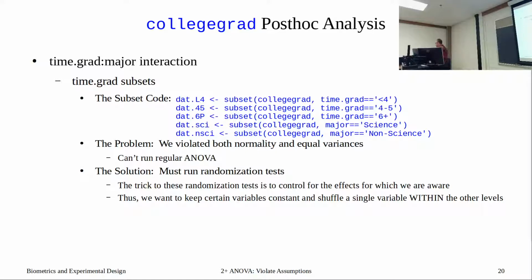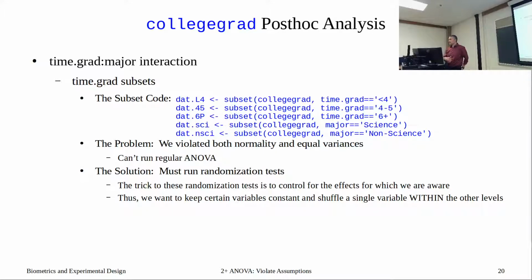We have some strings for permutational ANOVA, permutational t-test, and so forth. But once we start adding multiple variables in our model, when we randomize our data, we need to make sure that our null distribution accurately reflects the null hypothesis that we are testing. So if we take a subset of, let's say, science majors, right, and we want to see, does time to graduate have an effect?